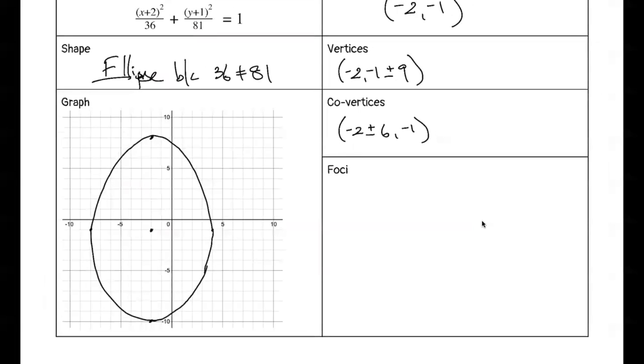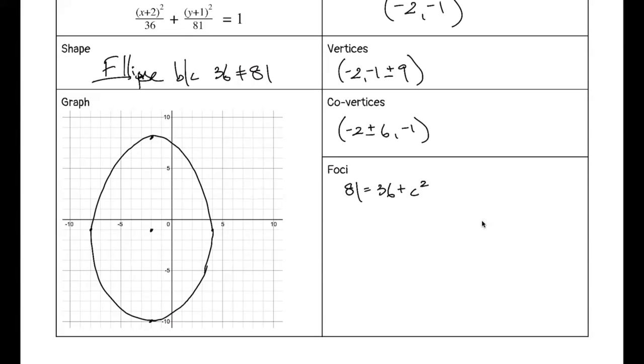Tell me what equation we use for the foci. What equals what plus what? You do 81 equals 36 plus c squared.